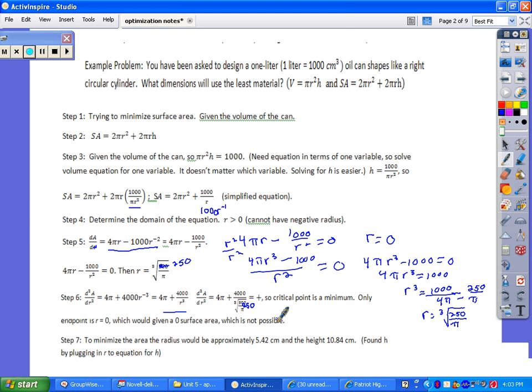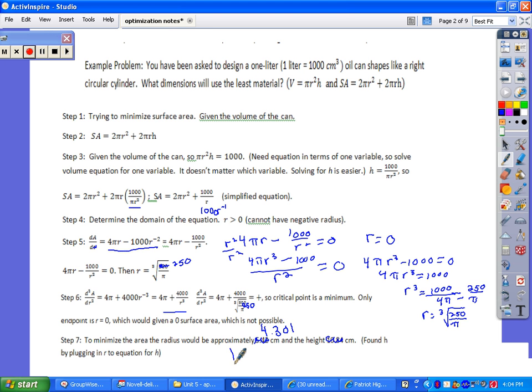So if we solve for r, if we get that as a number, I'm going to take the cube root of 250 divided by pi. And we get r, the radius, is actually 4.301. And then I'm going to have to find my height. I'm going to plug 4.301 into my height equation, which is all the way up here.